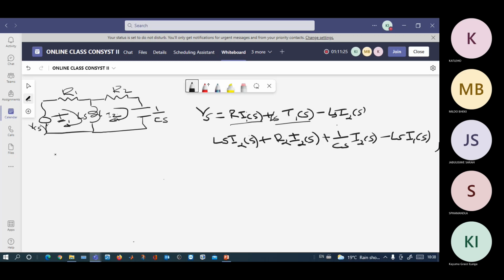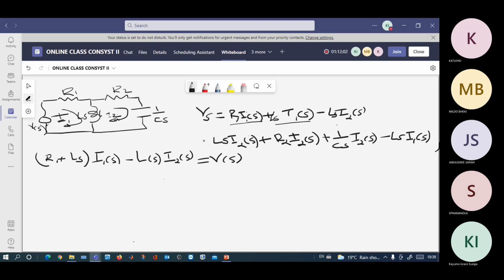Then we can have R1, sorry, R1 plus LS I1 S minus LS I2 S, which is equal to VS. And this one is going to be equal to what? To 0.